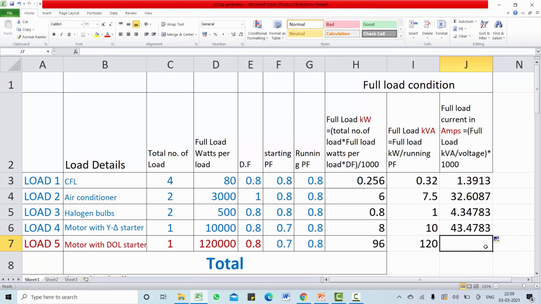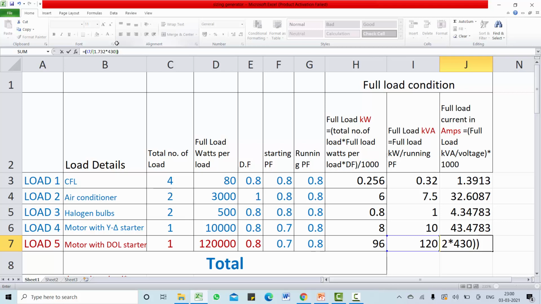For a 3-phase load you are supposed to use a different formula, which is full load kVA. What is full load kVA? 120, this value. Then 1.732 multiplied by 430, since the 3-phase voltage is different from the single phase voltage.